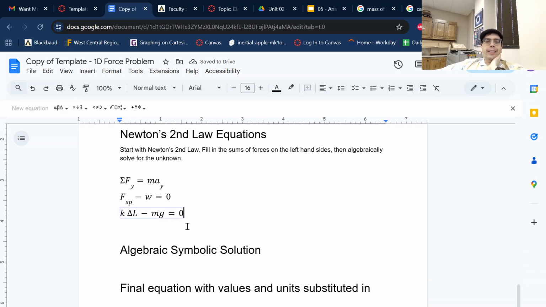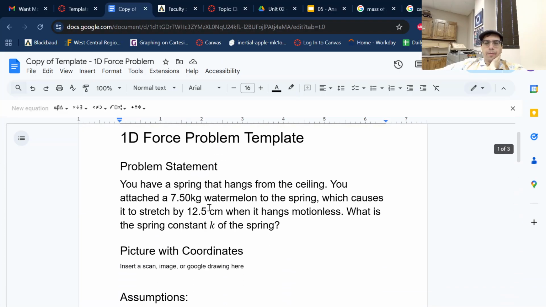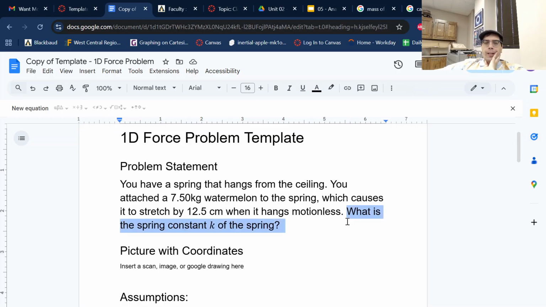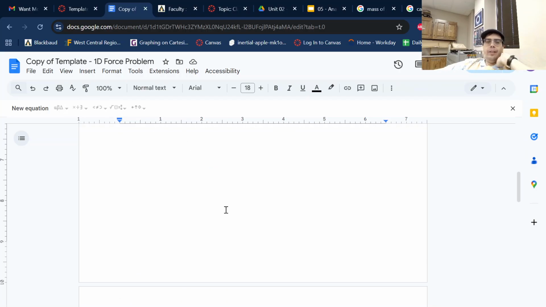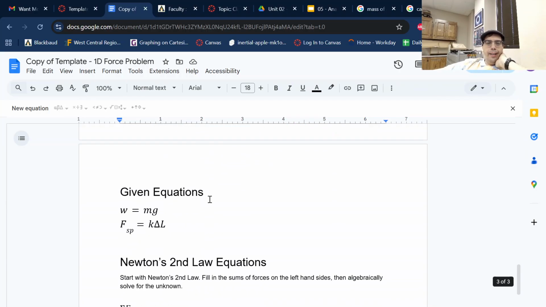What is it we're trying to actually solve for? We want the spring constant, and I've even reminded you the symbol for the spring constant. The spring constant is this value right here.